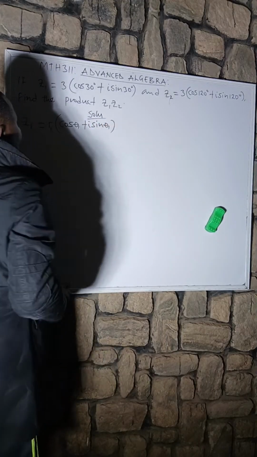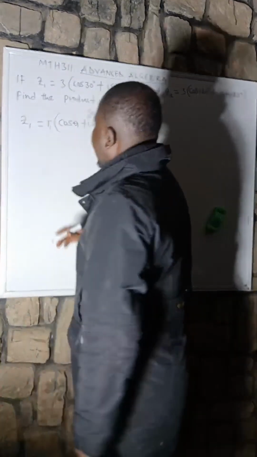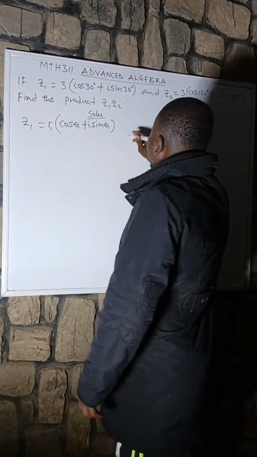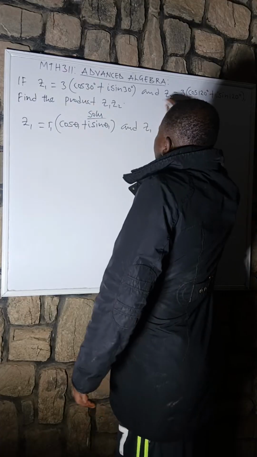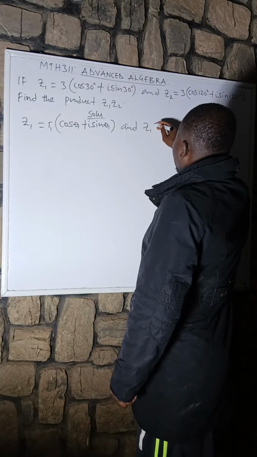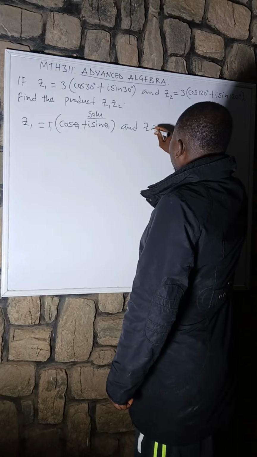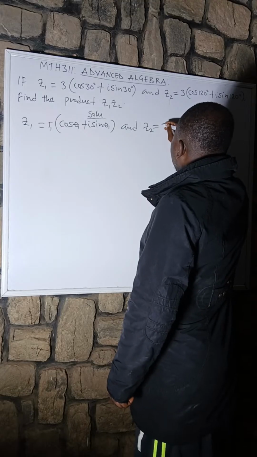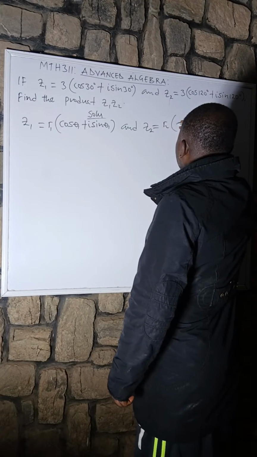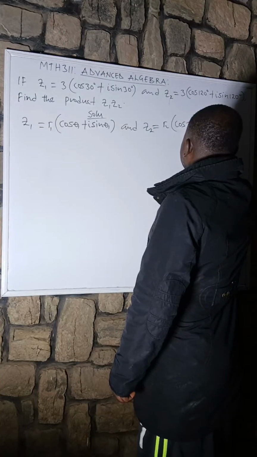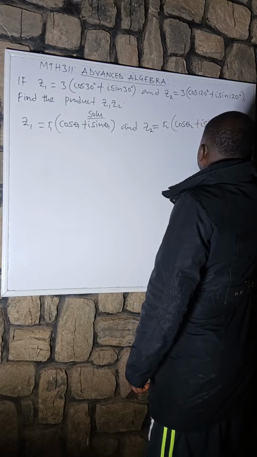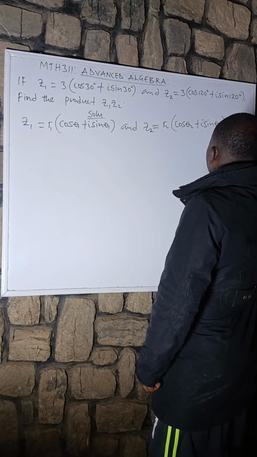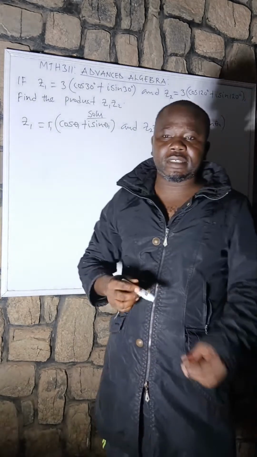True or false? It's true. Then we are talking about Z1 and Z2. It means our Z2 equals R2, open bracket, cos theta 2 plus i sin theta 2. Am I right? True or false?